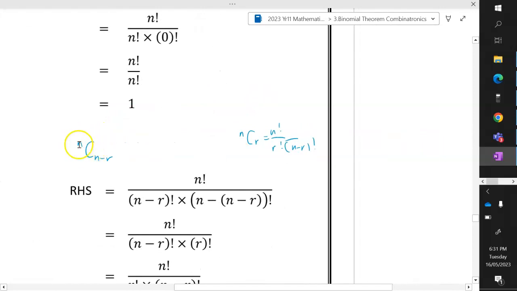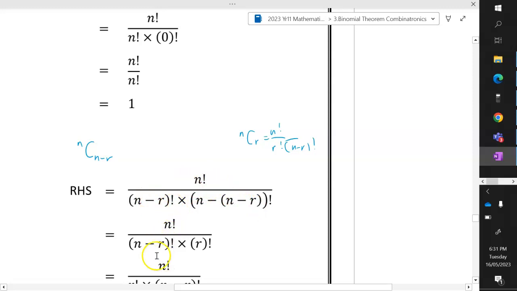So NCN minus r in this format is: the top line is going to be n factorial. The bottom is our r factorial from over here, which is n minus r factorial. And the other one in the brackets is normally the top minus the bottom, so it's n minus r. If we simplify that, we get n factorial staying on the top.